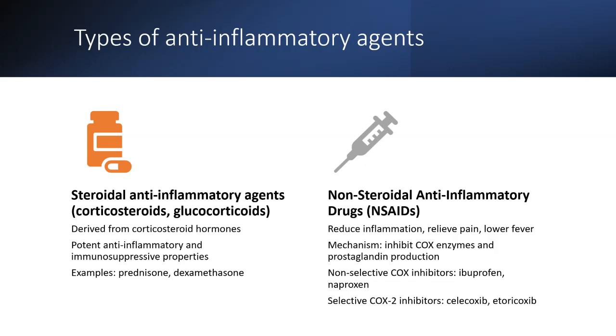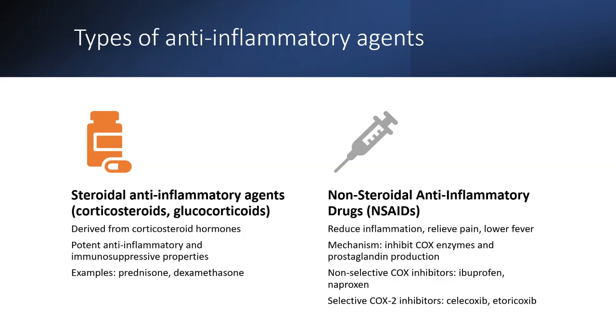They are known for their potent anti-inflammatory and immunosuppressive properties, making them highly effective in reducing inflammation and suppressing the immune response. Some common examples include prednisone and dexamethasone. These drugs work by inhibiting various inflammatory pathways and reducing the production of inflammatory mediators.